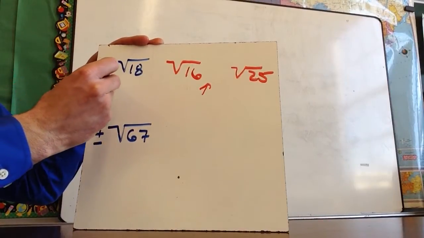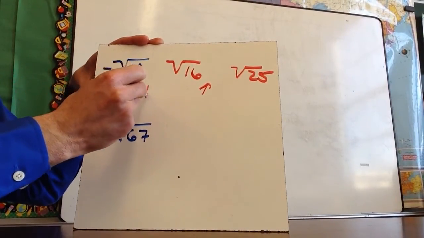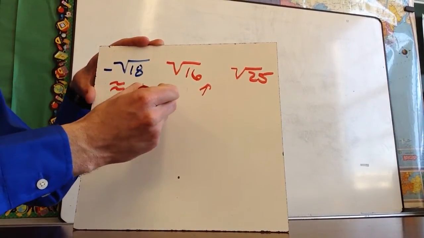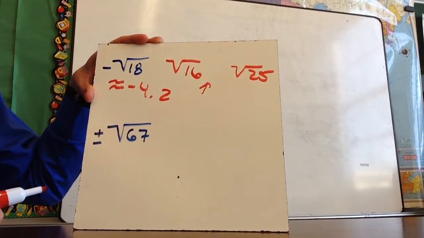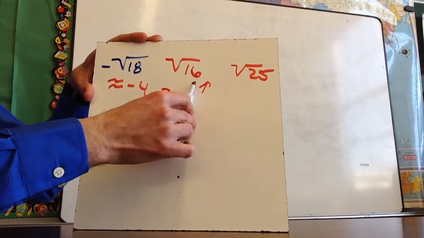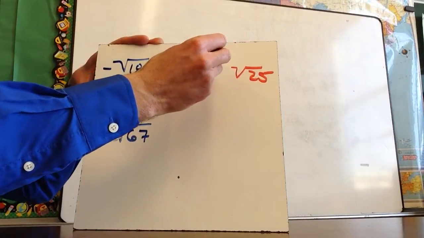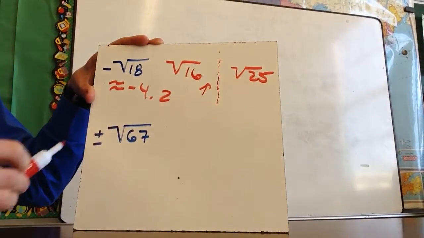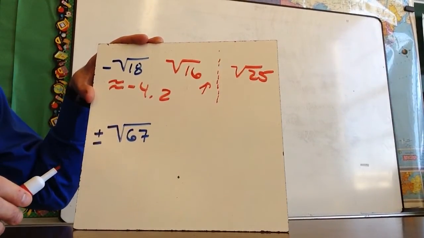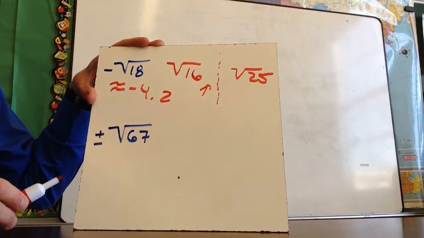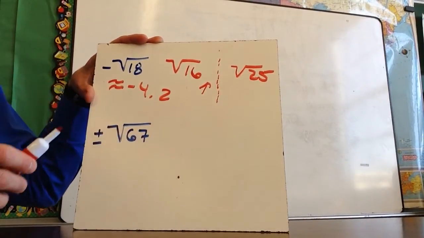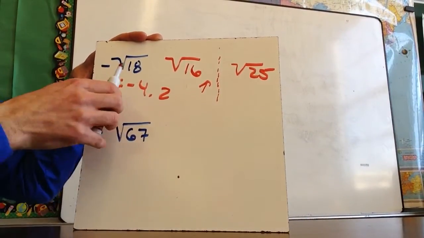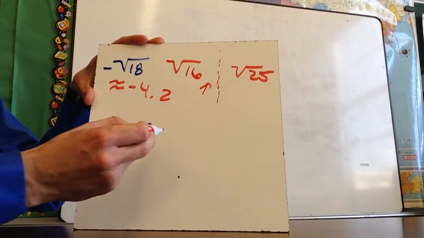So this is going to be approximately negative 4 point something, maybe 1 or 2, because it's got to be close to 16. It's definitely not at the halfway point, so it's not 4.5, so it's got to be somewhere like negative 4.2, negative 4.3. You can take a calculator and find out what it actually is.